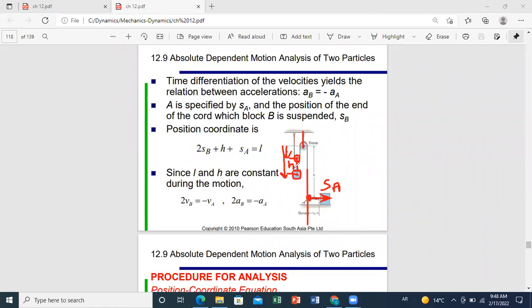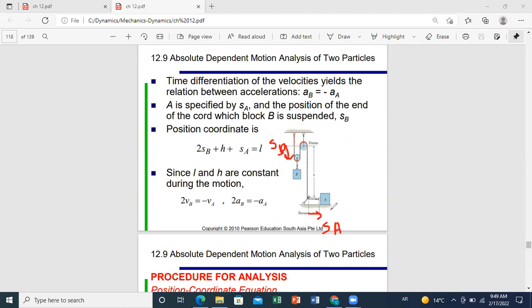So here I can say that I need two coordinates, S of B and S of A. Now, second step, I will find the total length of my cord.